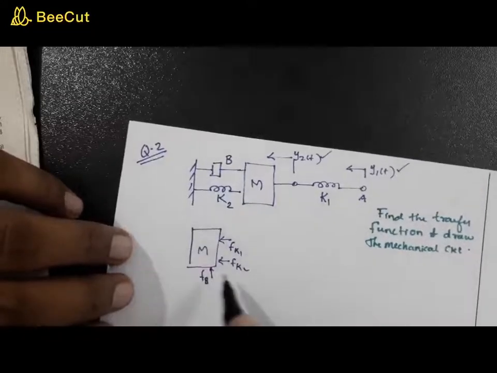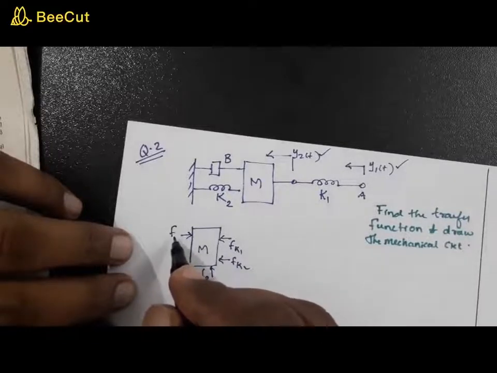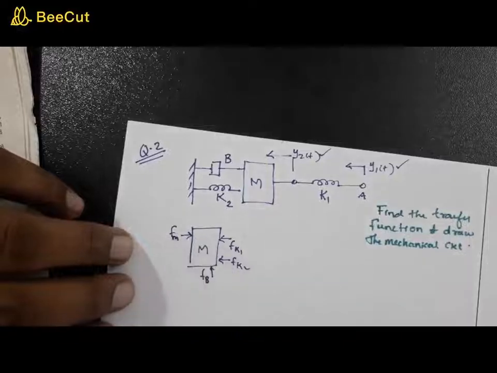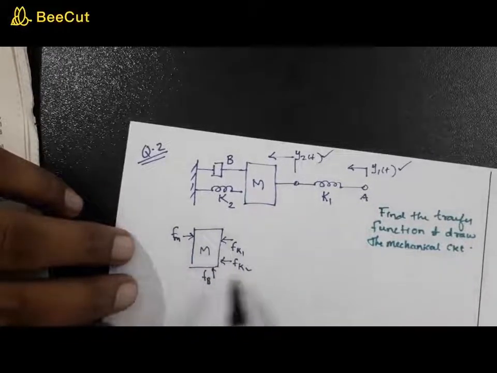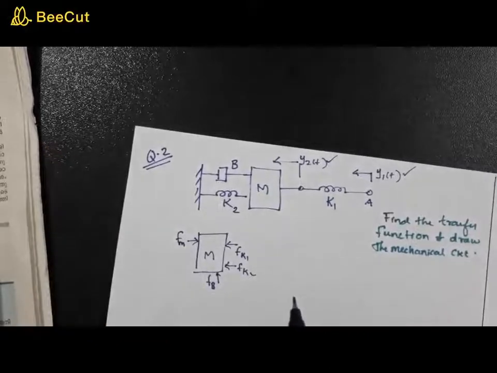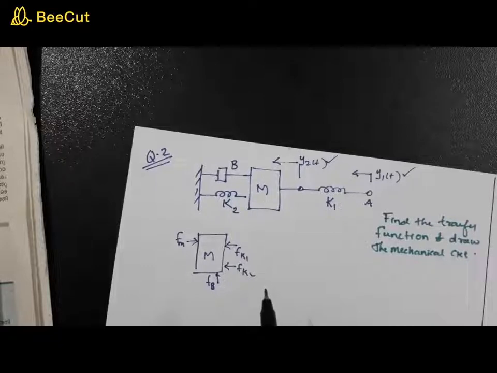So these are the three forces, and due to the displacement y2 of t, another force is associated with this mass. There is no applied force, so you can write all those things as equal to 0, right?